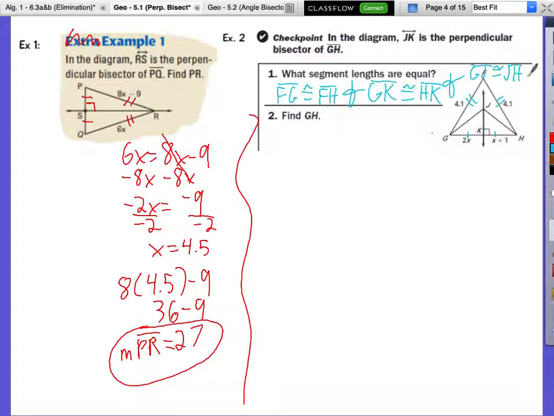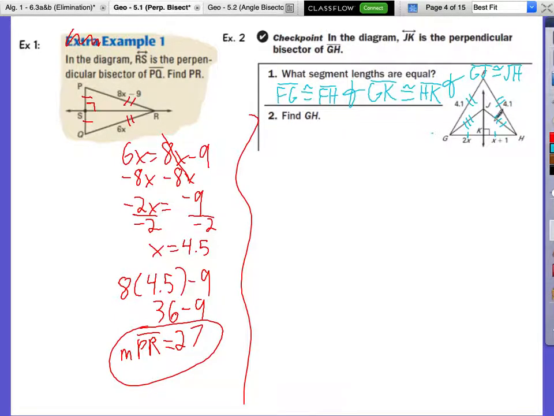Because R was on the perpendicular bisector of the segment, it's equidistant from P and Q. Because J is on the perpendicular bisector of this segment, it's equidistant from both G and H. So it's the same theorem we used on example 1 that tells us segment GJ is congruent to segment JH. Because it's on the perpendicular bisector, it has to be the same distance.